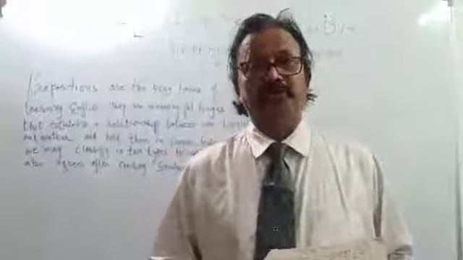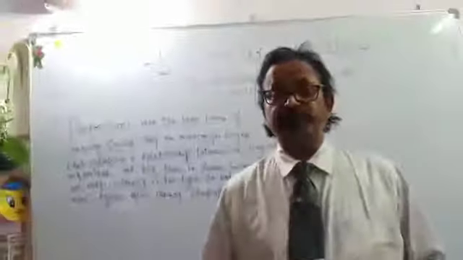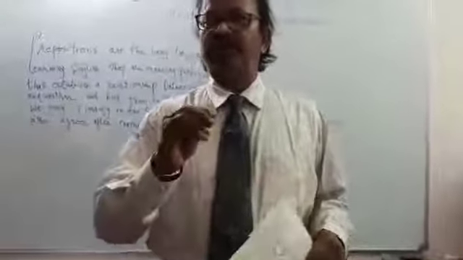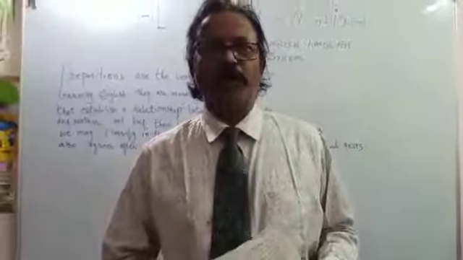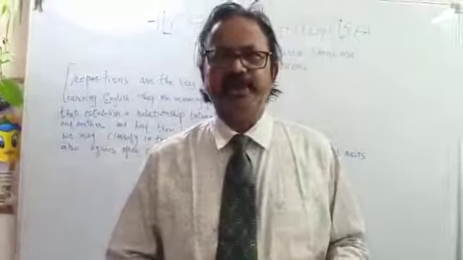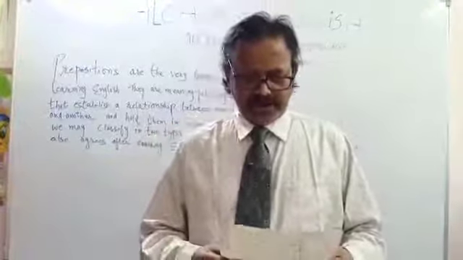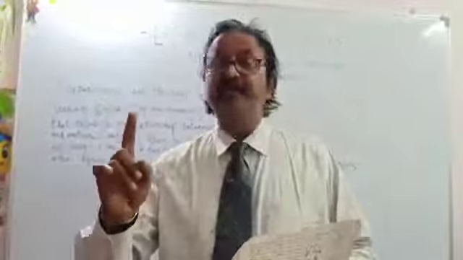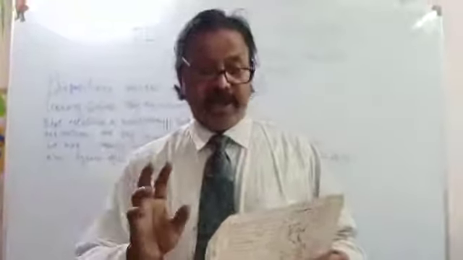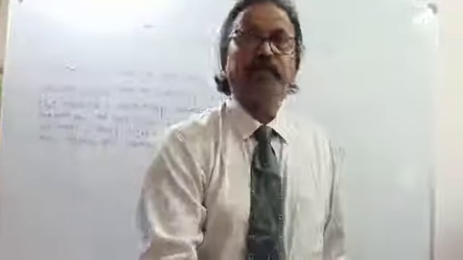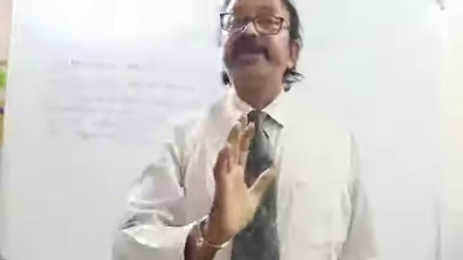And upon. It's also a nice preposition, upon. We always say he went up, went up. Now let us see how precisely we can use upon for a situation. Upon is movement from down to up, and from up to down, and making a contact. Either there is a movement from an upper place to a lower place, or from a lower place to an upper place, and making a contact.